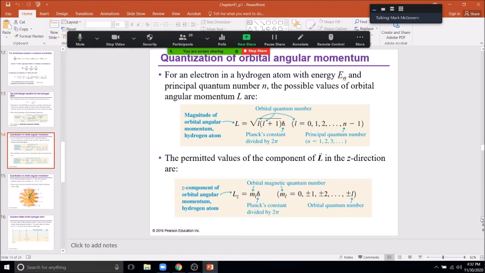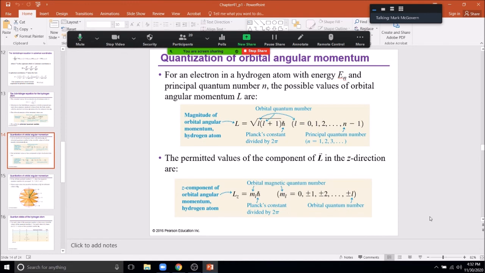The s levels are like n equals 1, and then when you get to the p levels, it's like n equals 2, and these different angular momentum values correspond to the different orbital states. So you have a -1, a 0, and a 1.